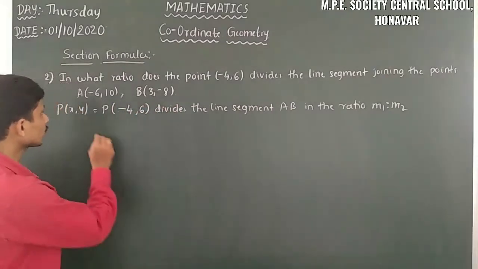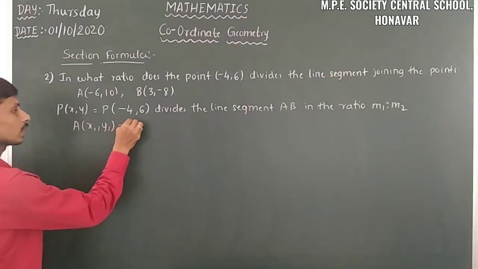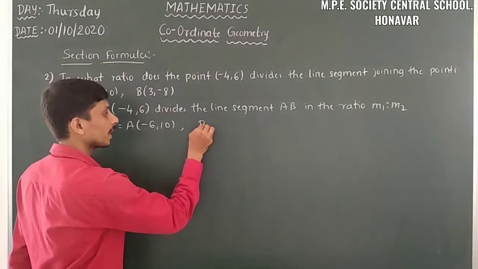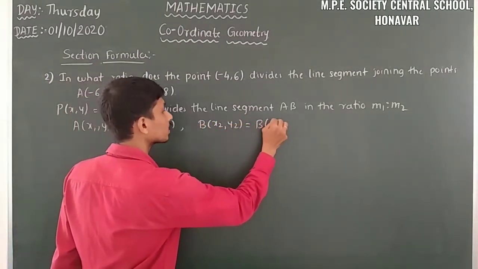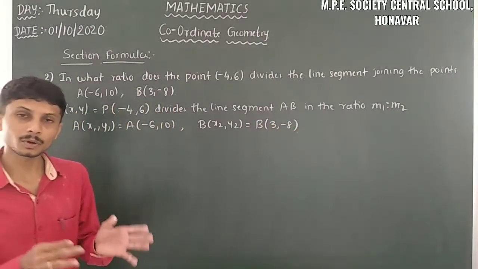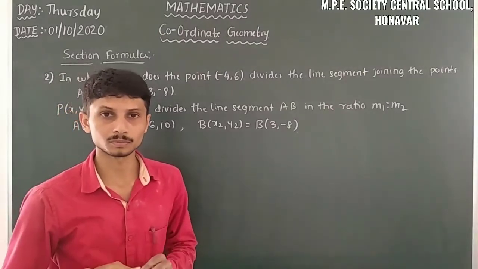So what are the given terms here? A of x1, y1 is equal to A of minus 6, 10 and B of x2, y2 is equal to B of 3, minus 8. From the section formula we can easily find the value of M1 and M2.